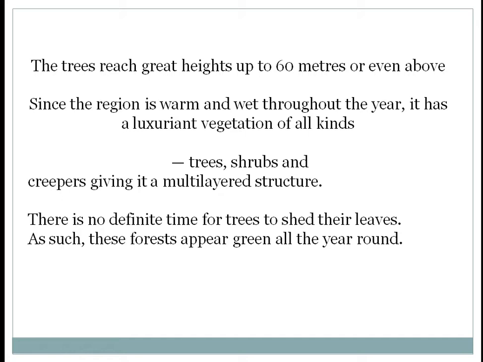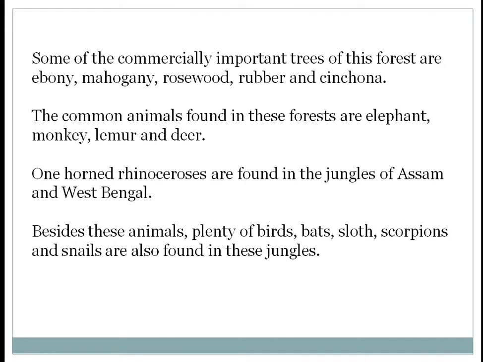Next, moving further to see all these forests in detail. First, tropical evergreen forest. These forests are restricted to heavy rainfall areas, that's why they are also called tropical rainforest. And these are found in the different areas mentioned here: Western Ghat, just as we were observing in the map, island groups Lakshadweep, Andaman Nicobar, upper part of Assam and Tamil Nadu.